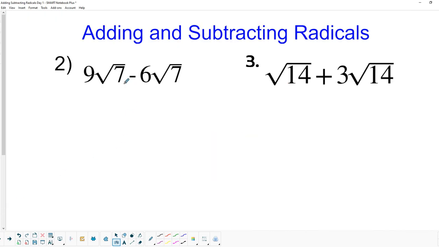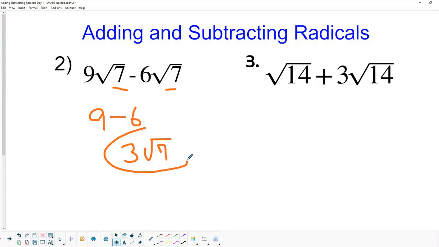All right, how about this one? We got 9 square roots of 7 minus 6 square roots of 7. So the radicals are the same. So we just have to do 9 minus 6, which equals 3 square roots of 7. Okay.